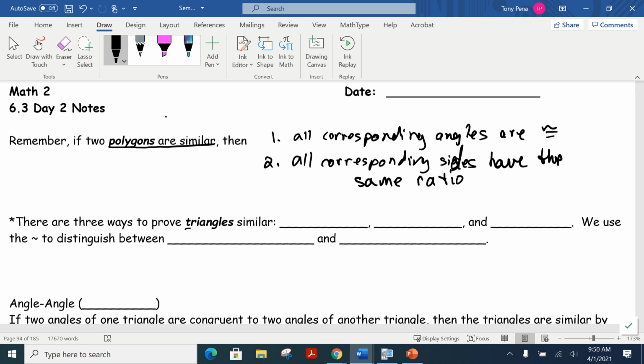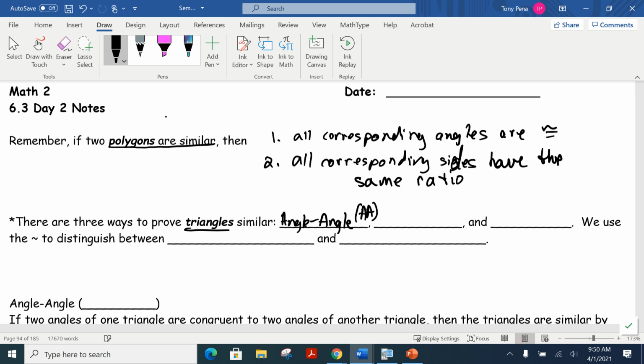We're going to be dealing today specifically with triangles. And there are three ways that we can prove triangles are similar. You're going to put one of them, let me not write that too big, as what we call angle. So write down angle, which we're going to shorten to AA.